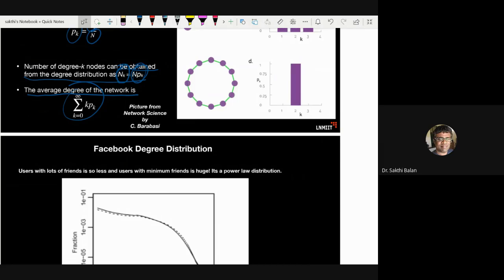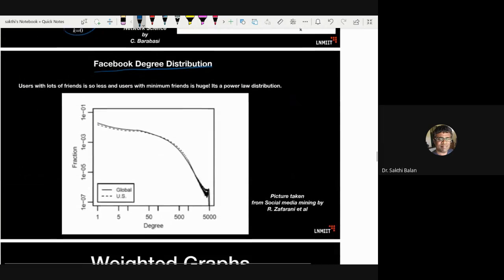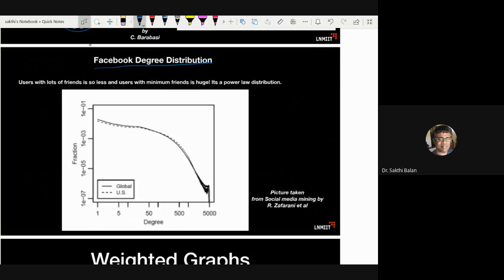Okay. So for example, if I look at the Facebook degree distribution, this is how it looks. On the x-axis are the degrees, so the degree is increasing on the x-axis, and the y-axis is the fraction of the nodes. Okay, so if you see that, I'm talking about the nodes which have very low degree.